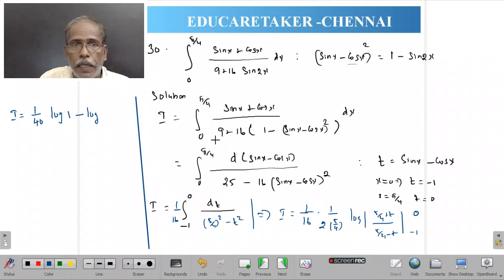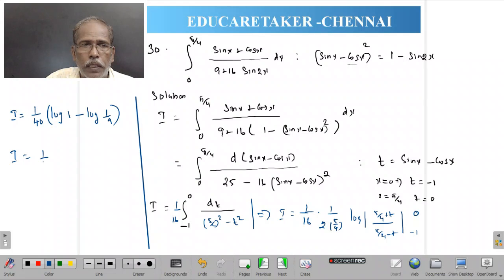So 1 by 9. Log 1 is 0. Then I is minus log of 1 by 9, which is nothing but plus log of 9 by 1.